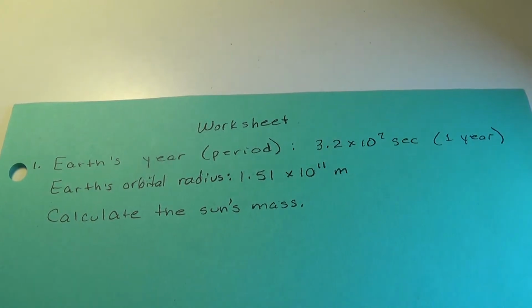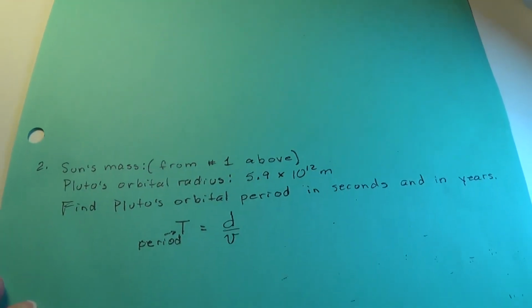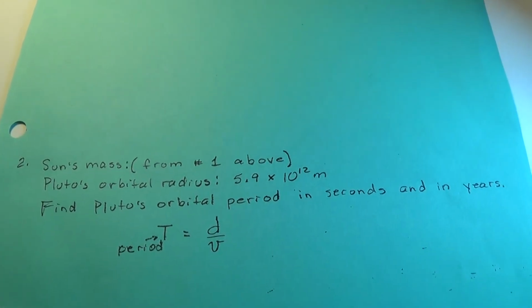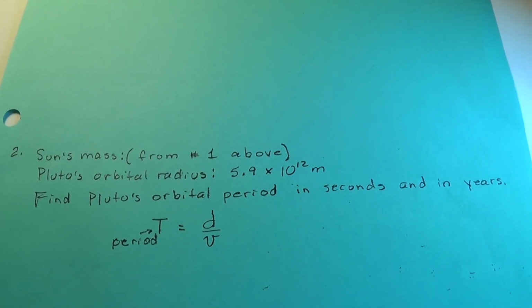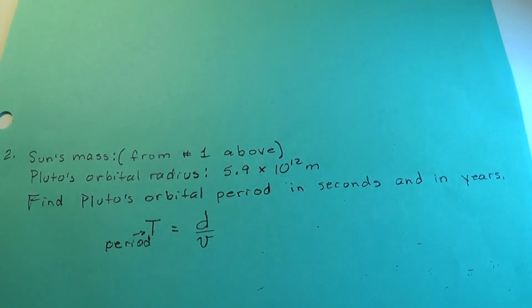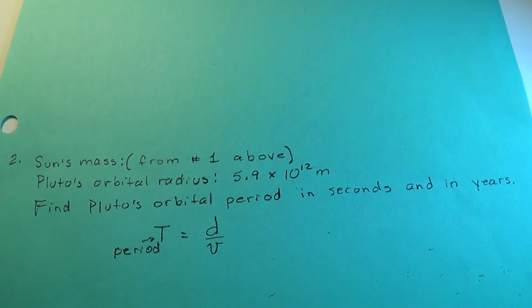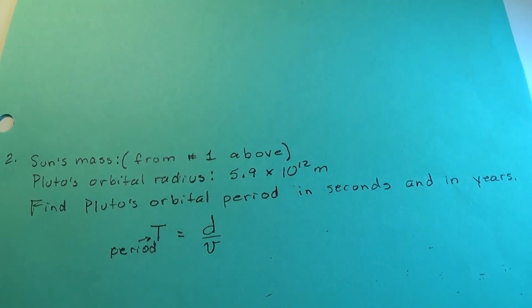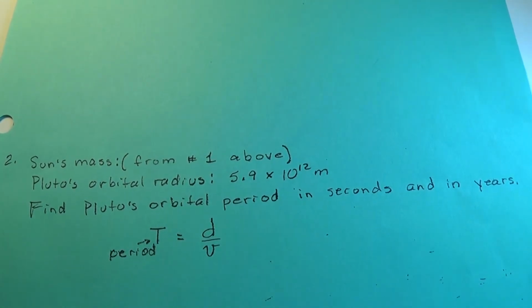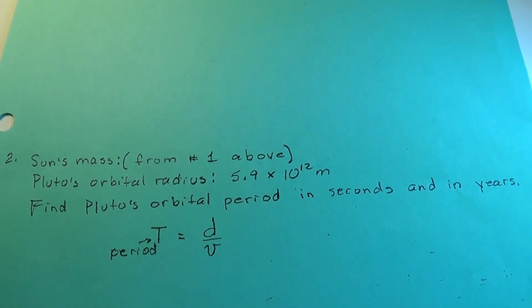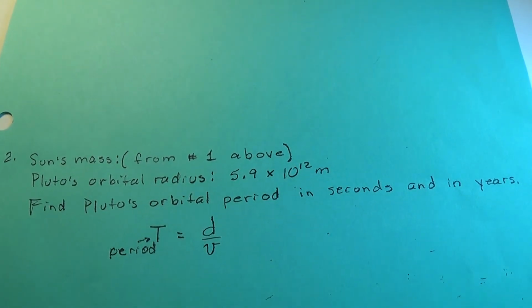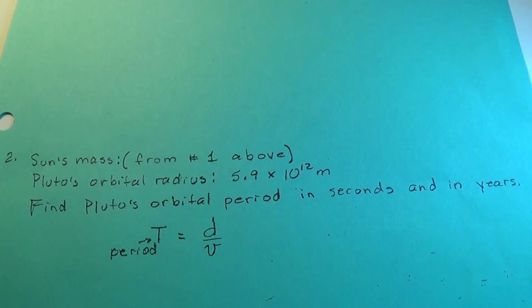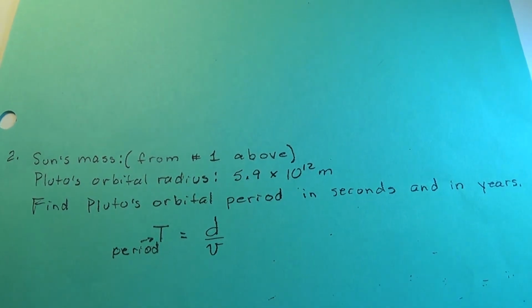The second one is a newer one. Here I am giving you the sun's mass, which you're going to use from problem number 1 above, and Pluto's orbital radius is given. Find Pluto's orbital period in seconds, and then change it to years. The period T equals d over v will give you a good start on that.